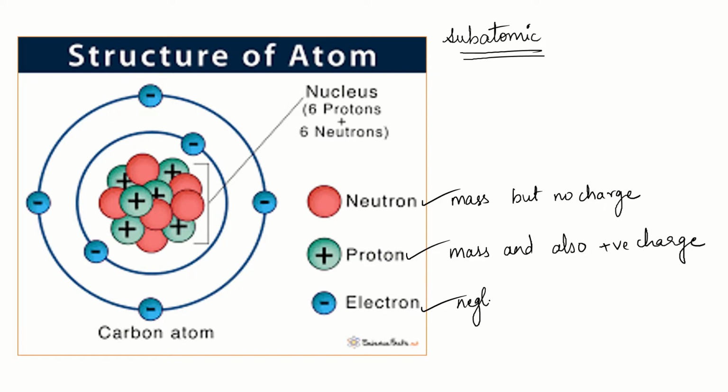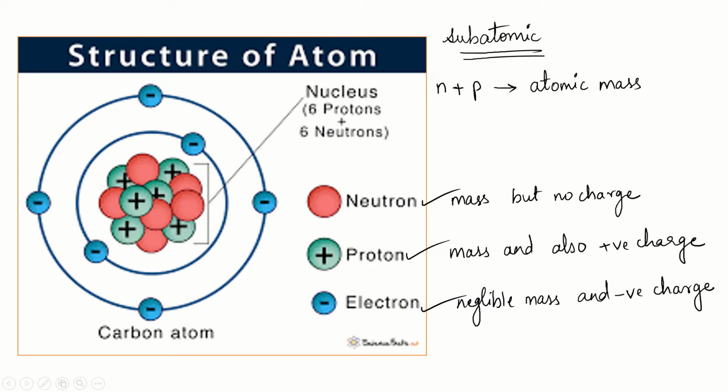Electrons have negligible mass and negative charge. Neutrons and protons are always in the nucleus, the center. So N for neutron, P for proton. The sum of neutrons and protons is the atomic mass. So the sum of the number of neutrons and the number of protons becomes the atomic mass of that atom. Electrons are not included because electrons have negligible mass, but they have charge.